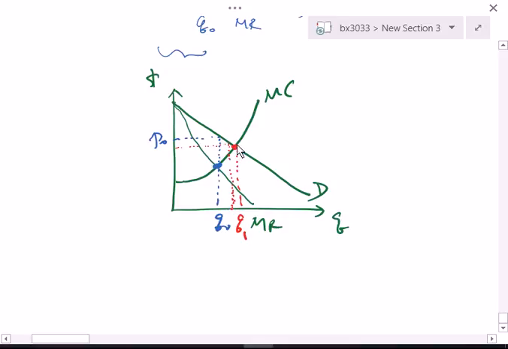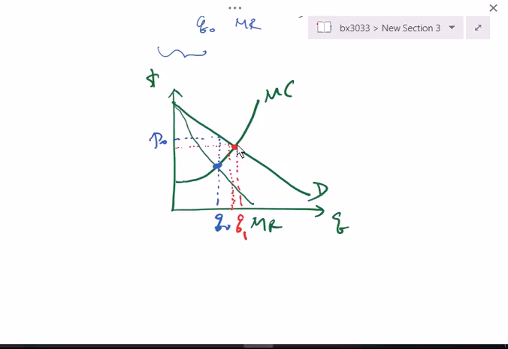So comparing the socially optimal, the red point, with the firm's optimum, the blue point, we can see that the monopoly firm produces less output than the socially optimal output.